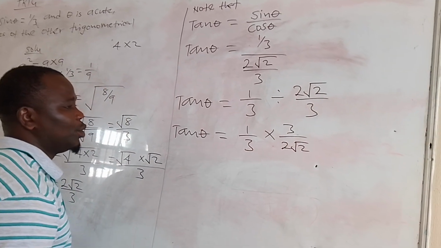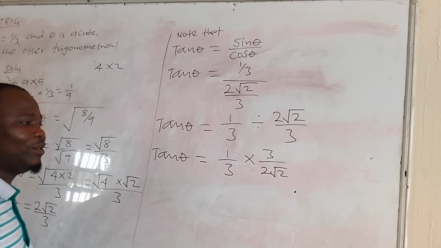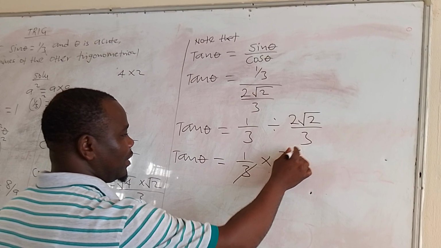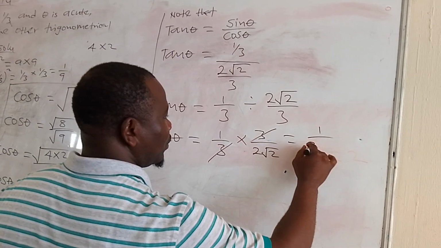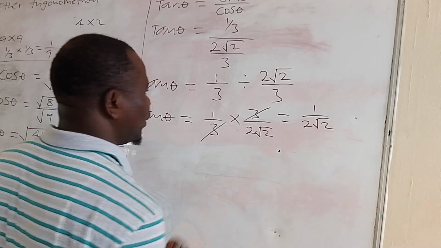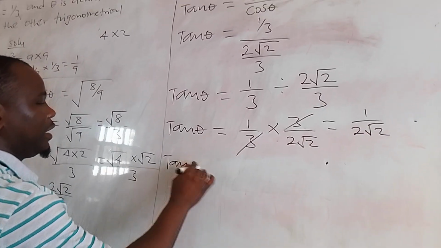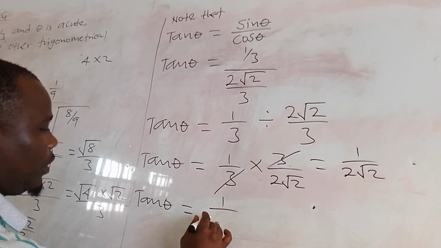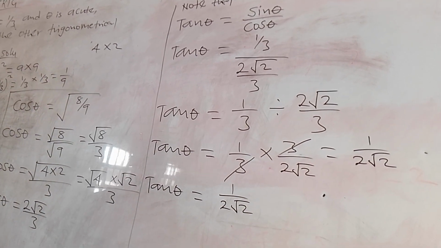Without loss of generality, you don't need a prophet to tell you the answer. 3 and 3 will cancel to give us 1 all over 2 root 2. So our tan theta is equal to 1 all over 2 root 2. You can stop here, no problem.